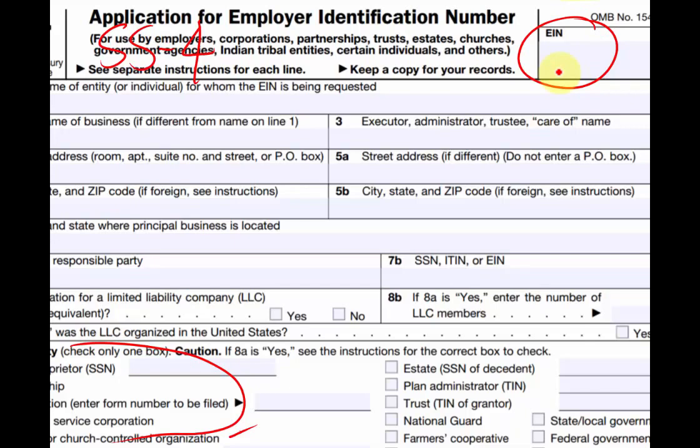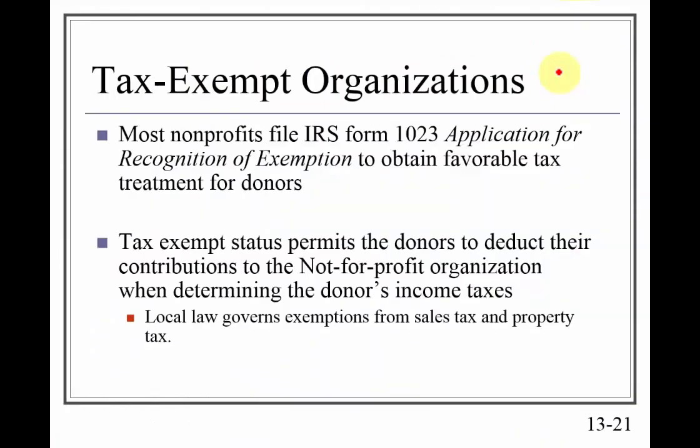a charity. To be recognized as income tax exempt, that's what we're talking about here, net income taxes, not sales taxes or excise taxes, which you may or may not be subject to if you're a nonprofit. But we're talking about income taxes.